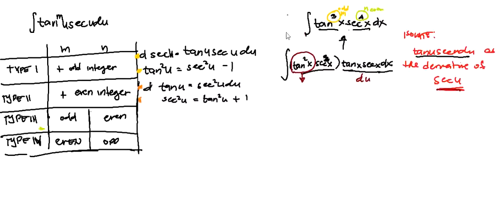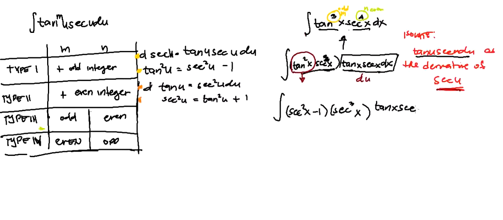Okay, so by doing that, what we have left here, tangent squared x is equal to secant squared x minus 1, and then this one we have secant cubed x, then our last term, our isolated part, tangent x secant x dx.